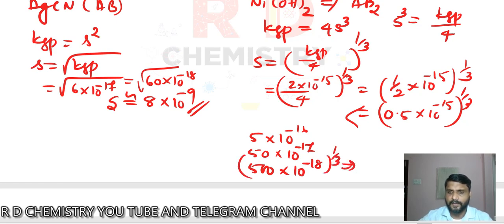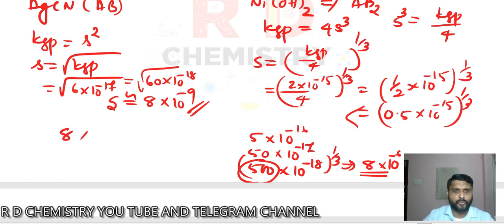When you remove that power, the cube root of it: cube root of 10 to the power minus 18 is 10 to the power minus 6. And 8 cubed is approximately 500: 8 into 8 is 64, 64 into 8, very close to 500. So one value is 8 into 10 to the power minus 9, the first value. The second solubility is 8 into 10 to the power minus 6.